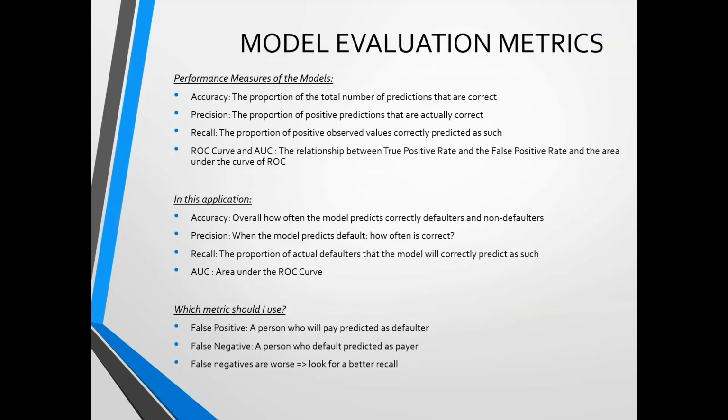The precision, that is the number of positive predictions that are actually correct out of the total. A recall function, where the proportion of positive observed values are correctly predicted. And the ROC curve and the AUC, that is area under curve. So which metric should we be using? Like we discussed earlier, we have false positives and false negatives, and false negatives are the worst. We'll be looking at the recall function.